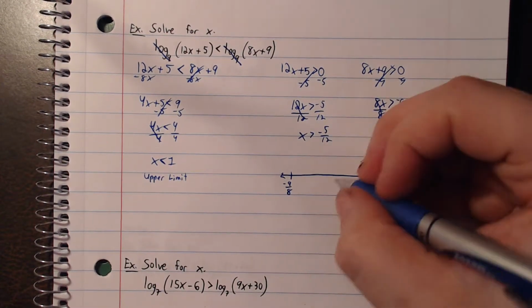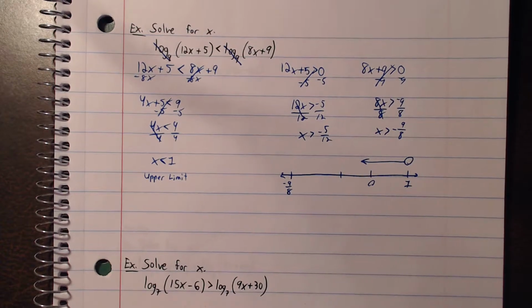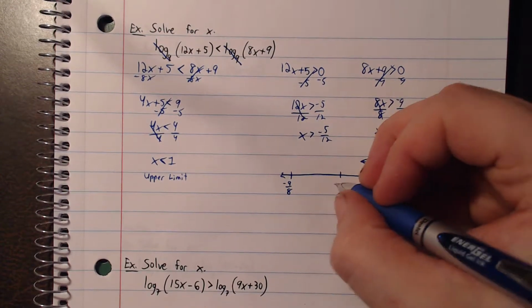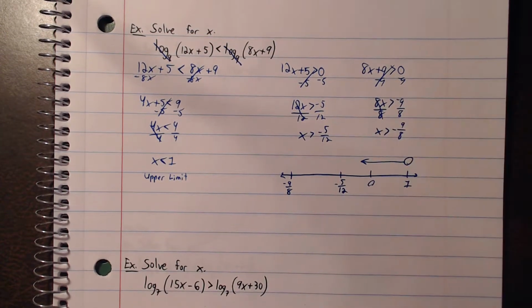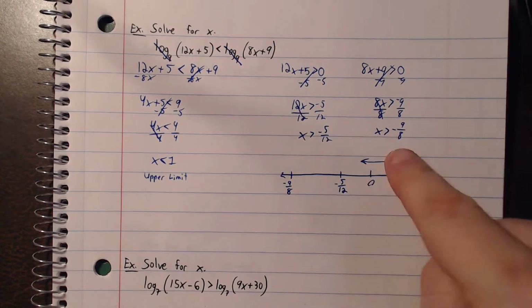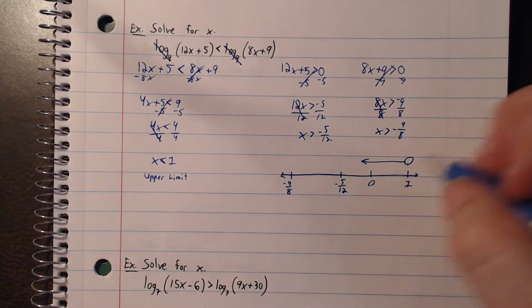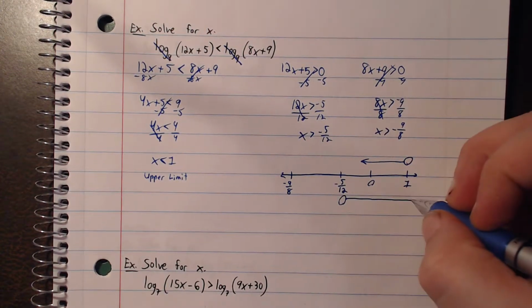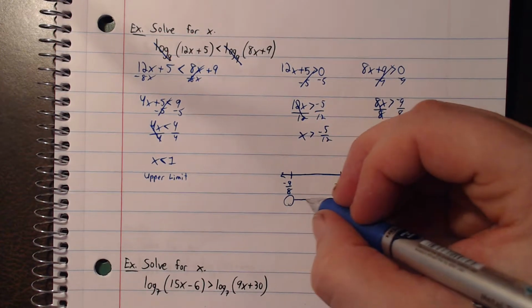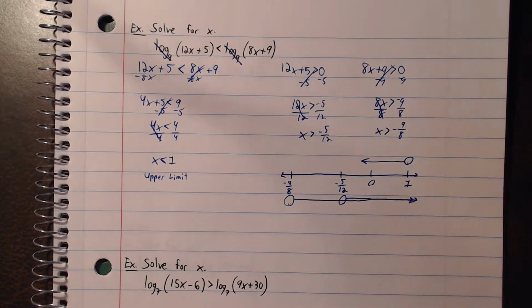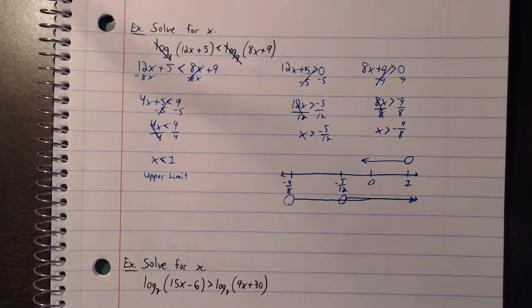And negative 5 over 12 is a little bit less than half, so it's here. According to these, they want everything greater. So if I choose here, and I choose here, I need the one that has the overlap.